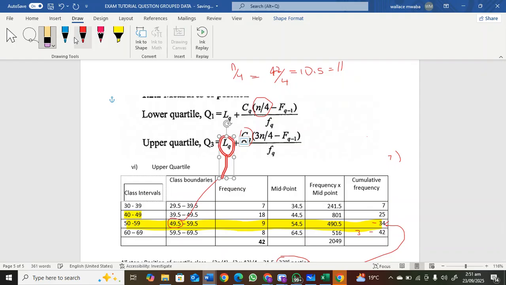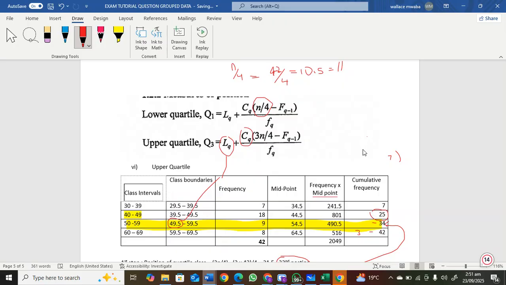It's here in the first group. The 11th position, we find it in the next group, from 39.5 to 49.5.